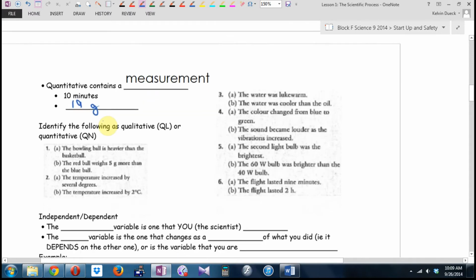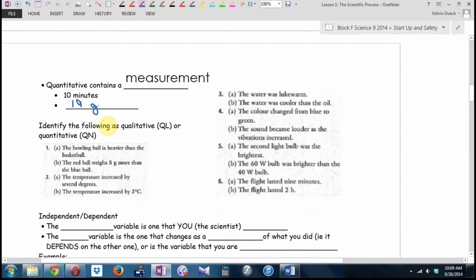So I wrote here, identify the following as qualitative or quantitative. Now you can write qualitative or quantitative, but I think I said to you yesterday, I am totally good with you finding clever abbreviations when you're doing notes. So I decided QL for qualitative and QN for quantitative. I can't just use Q because they both begin with Q. So a 2-letter abbreviation is better than writing out the whole thing.